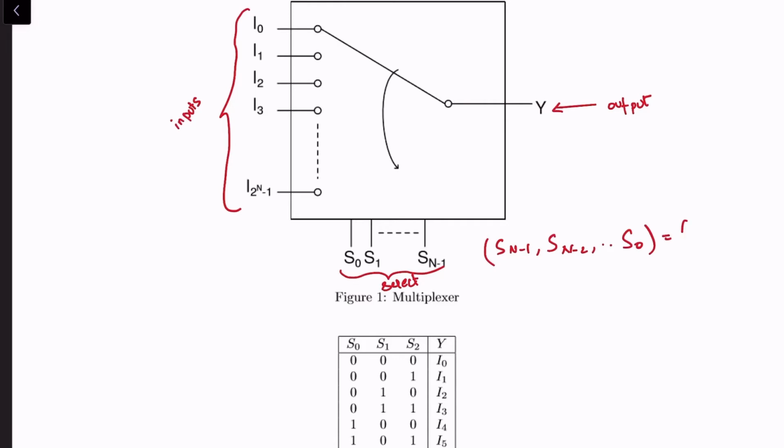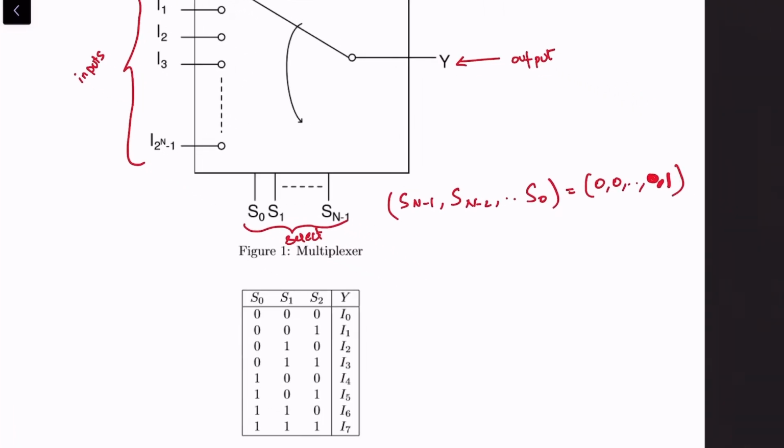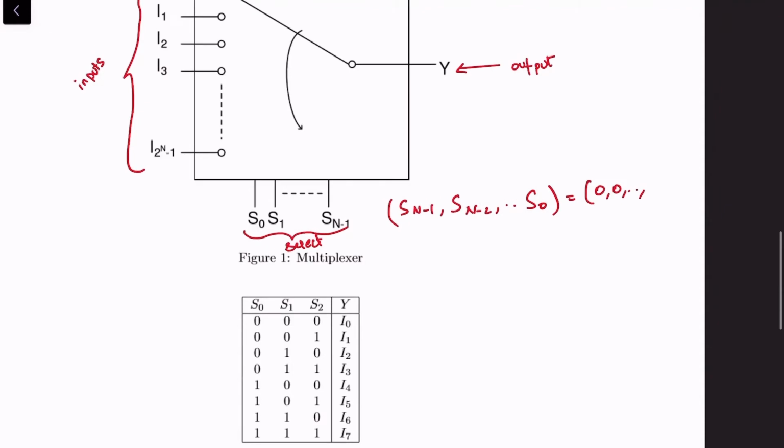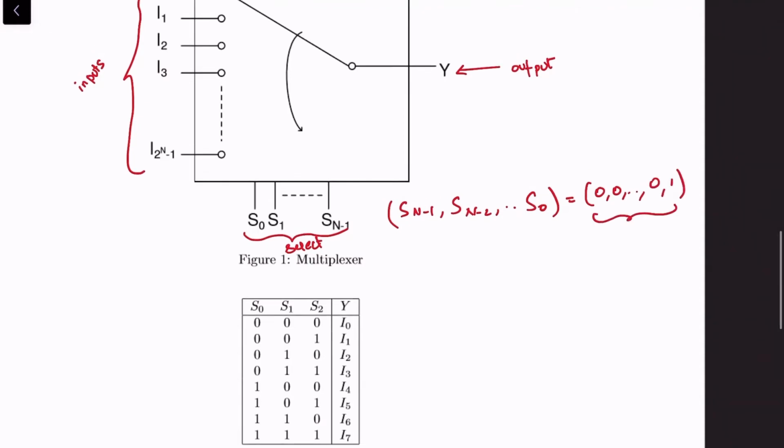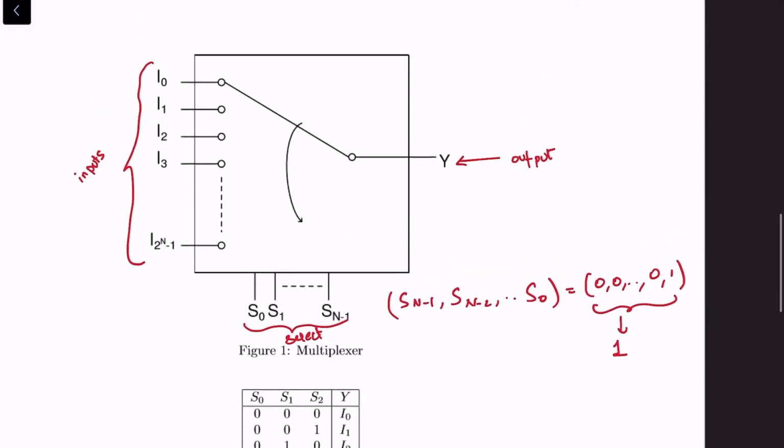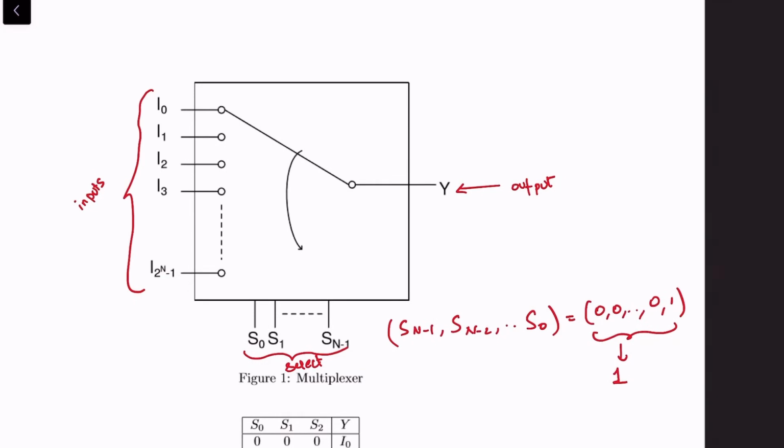Let's say this was equal to 0, 0, 0 and then 1, right? If this was the select signal, that is, it corresponds to the binary to decimal converted to 1, then we would choose I1, that is this short would be placed on I1, which is figurative of saying that I1 is passed to the output.